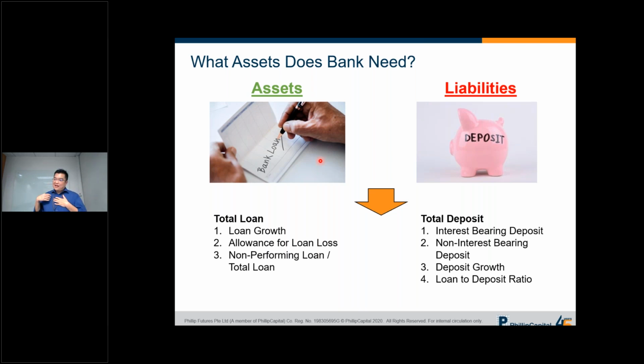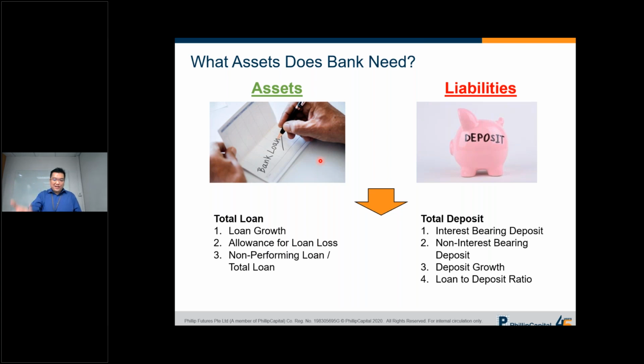But then I take up a loan from the bank to buy my car, and that loan is my liability. So my deposit and my loan fall under different portions of the balance sheet, because my deposit, which is my asset, is the bank's liability.